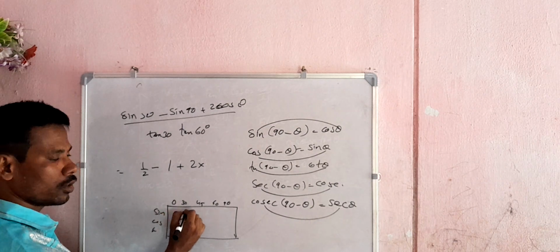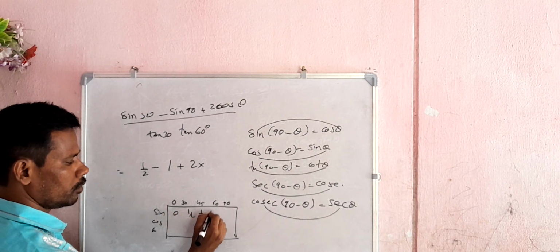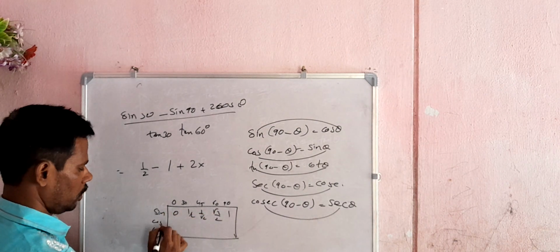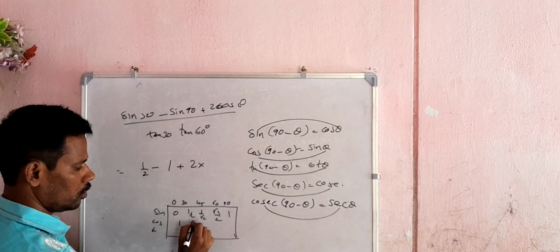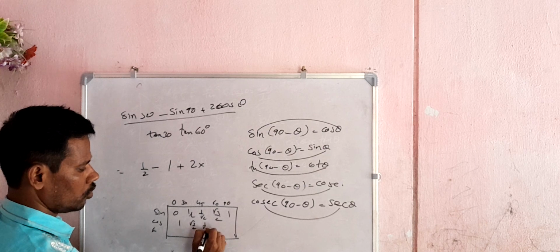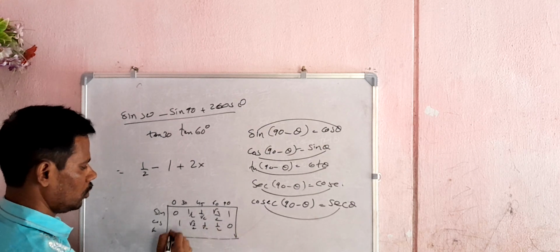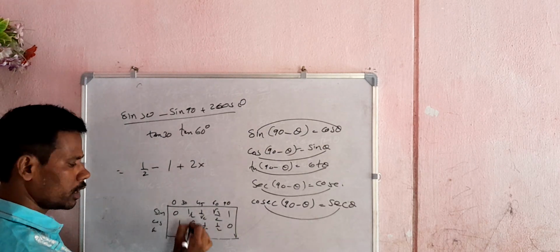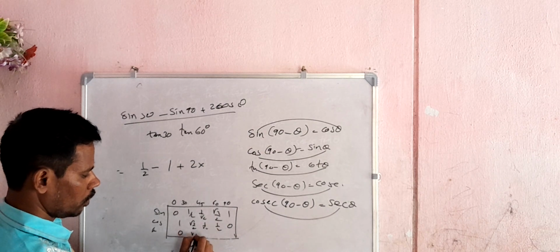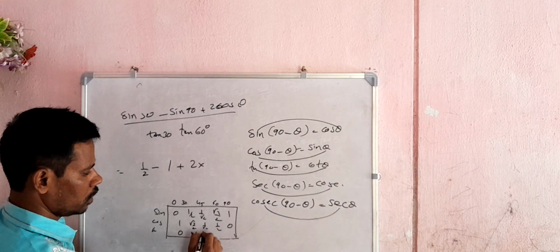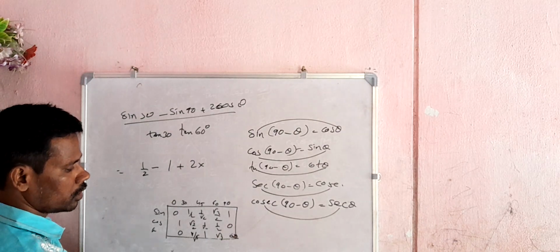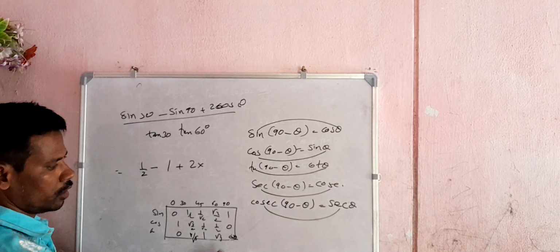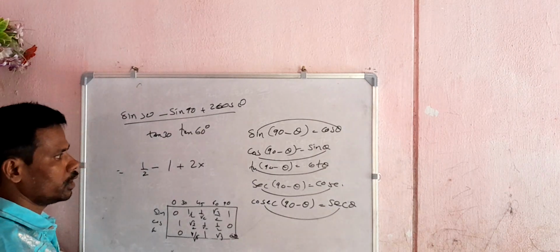So sin 0 is 0, sin 30 is 1 by 2, sin 45 is 1 by root 2, sin 60 is root 3 by 2, sin 90 is 1. Cos, next, write this in the reverse form: 1, root 3 by 2, 1 by root 2, 1 by 2, 0. Tan is sin divided by cos: 0, 1 by root 3, 1, root 3, and 1 by 0 we cannot find, that is infinite.